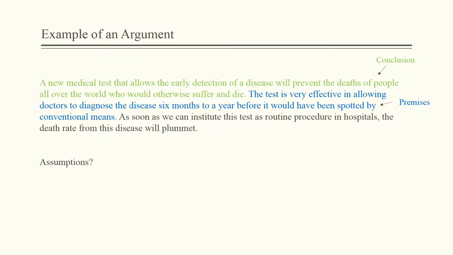So in the final sentence, the author says death rate will plummet. Well, there's a huge gap here in that there's absolutely no explanation of how merely detecting the disease early on will immediately cause the death rate to plummet.